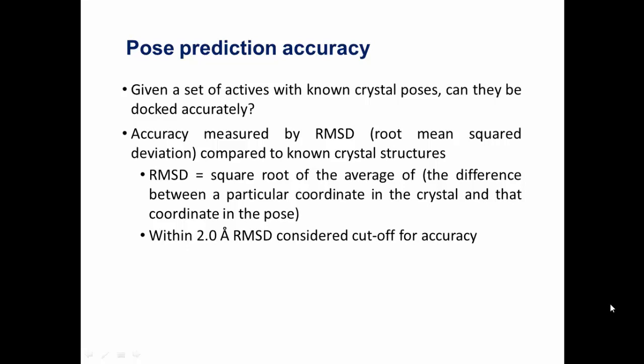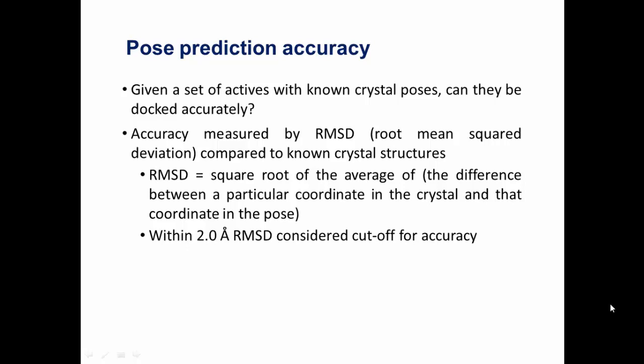In the previous video, I discussed the topic of assessing the accuracy of the docking, by comparing the crystal pose with the docking pose and then measuring the root mean square deviation.